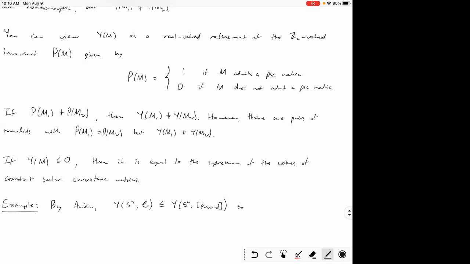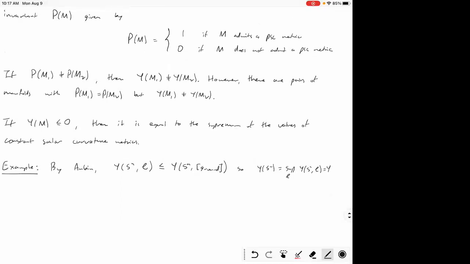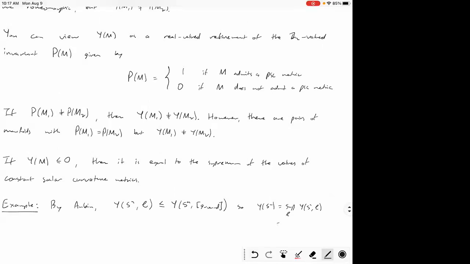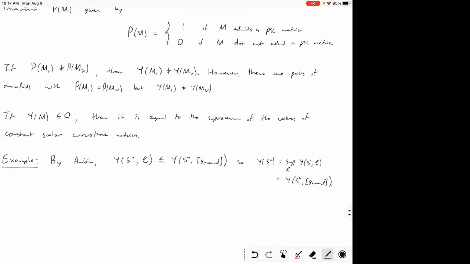So in particular, Y of the sphere, which is the supremum over all conformal classes, just has to be equal to that of the conformal class of the round metric.